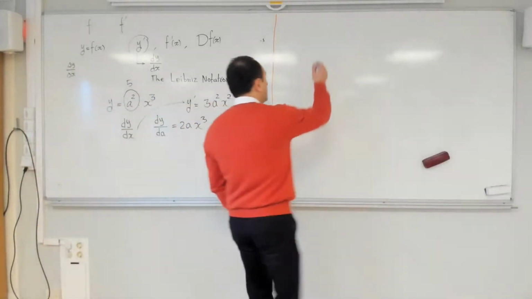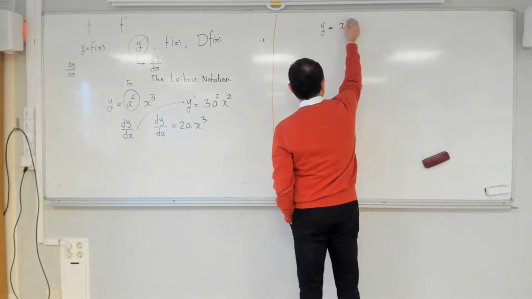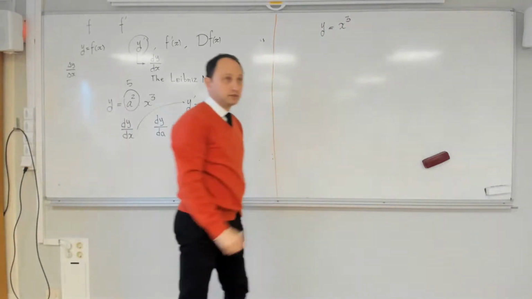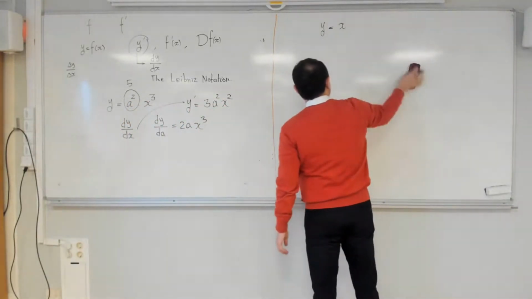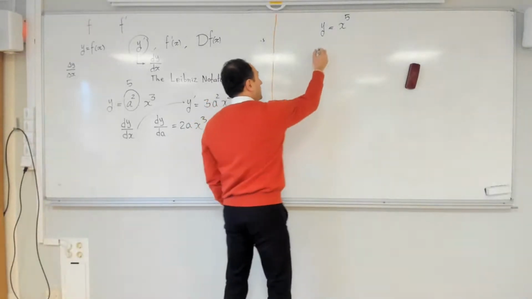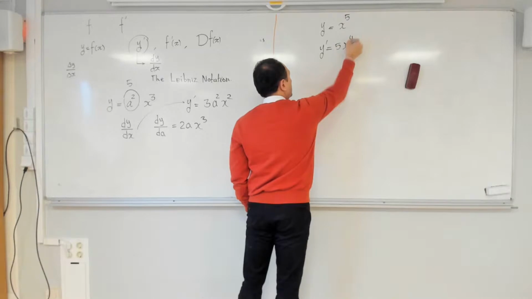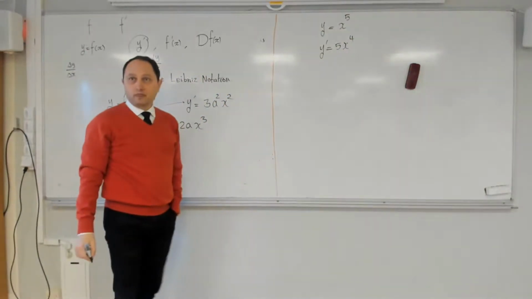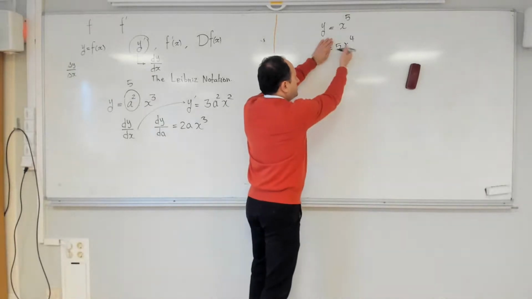For example, if I have y equals x to the power of 3, let me make it 5, because I want to also teach you the notation that we use. If I ask you what y prime is, it's simple: it's 5x to the 4. But now, forget about the name of the function. This is also a function.